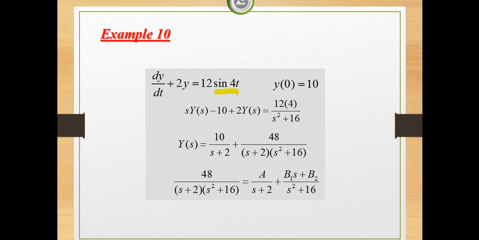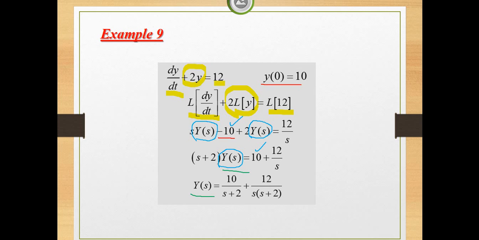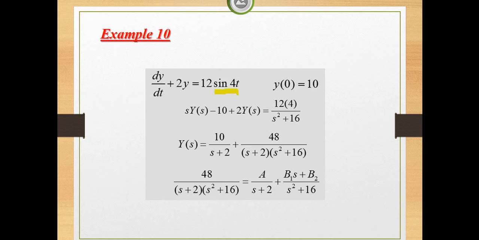So actually, what happens is, if you factor out y of s on this side, you will have s plus 2 as their common factor, just like in the first example. So you have s plus 2 here. So what you will do with the s plus 2 is you distribute it, as you only have one term here on the right.